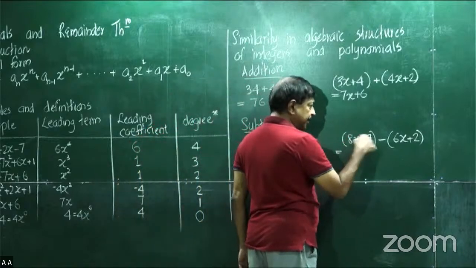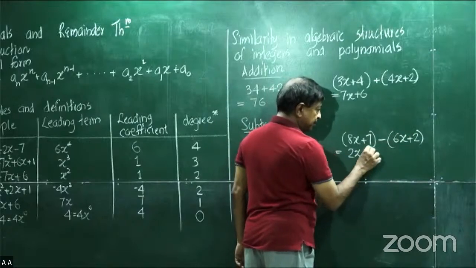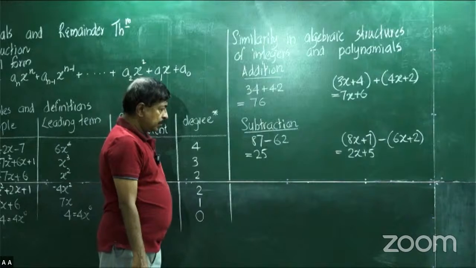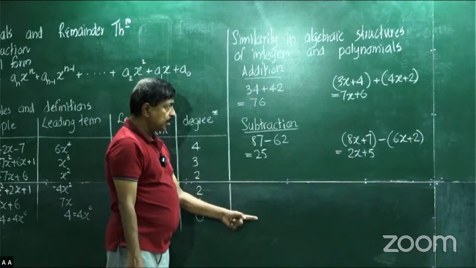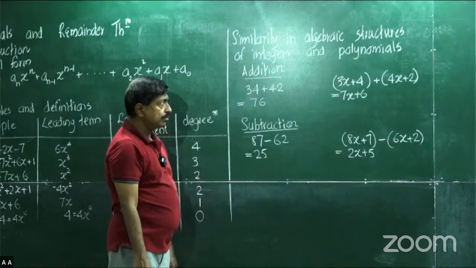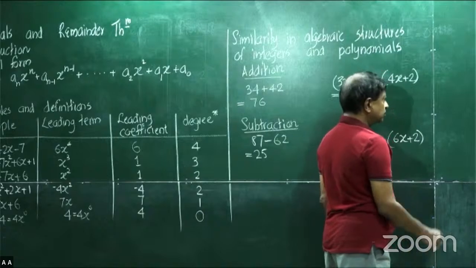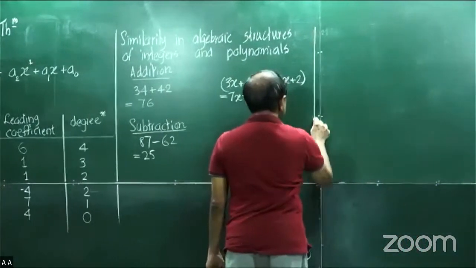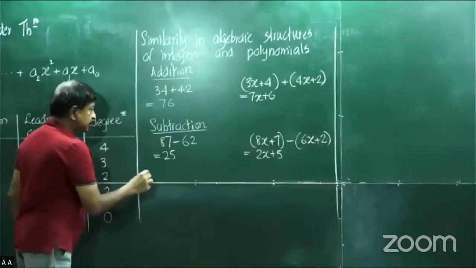Here, 8x minus 6x, 2x. 7 minus 2 is 5. Now we can multiply. But if you may go down to somewhere here. Anyway, I can do the multiplication.